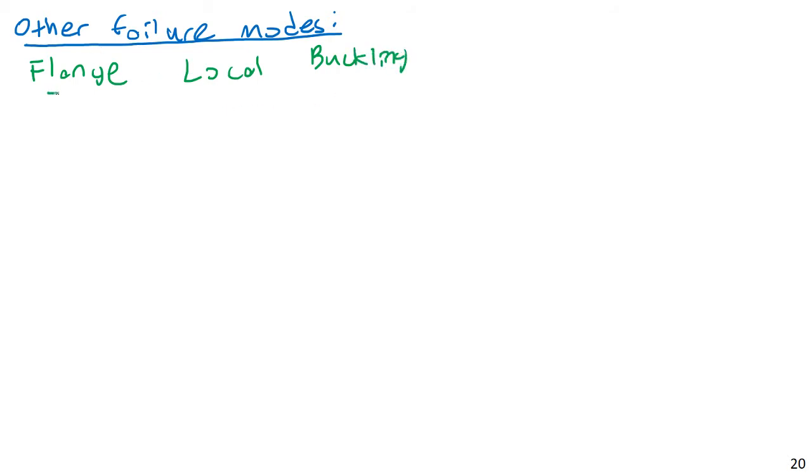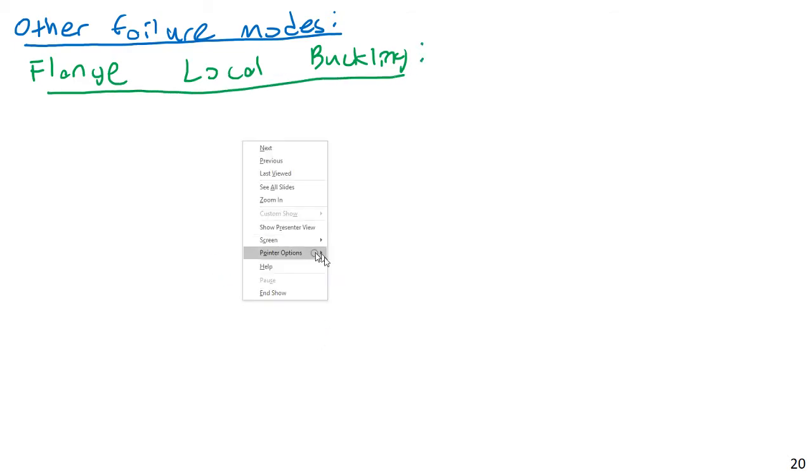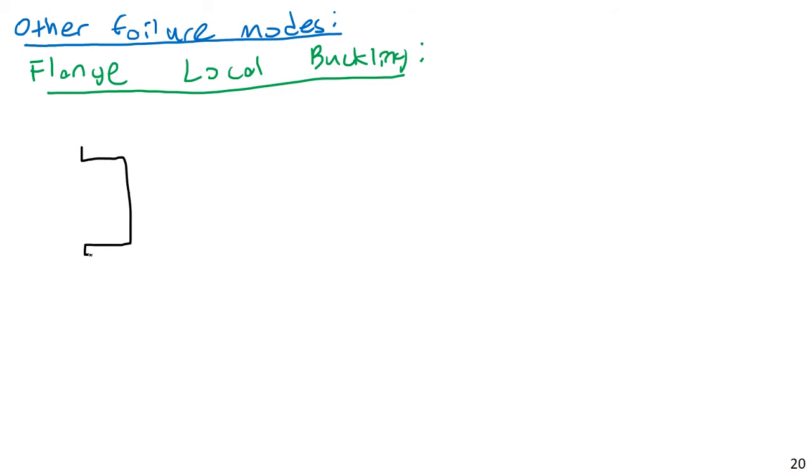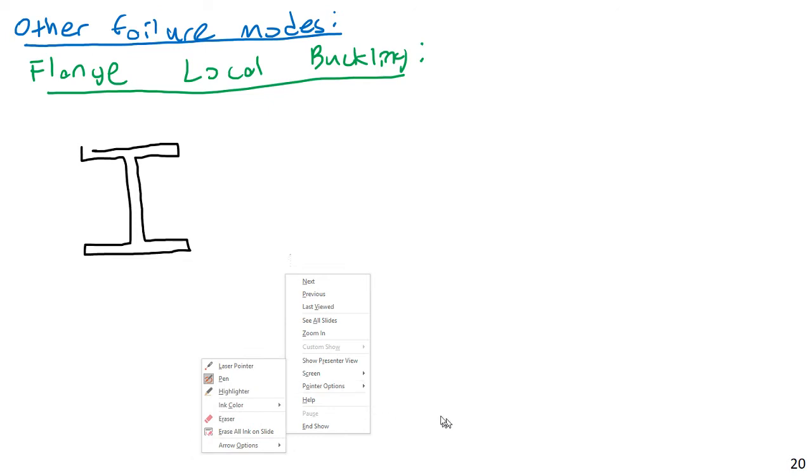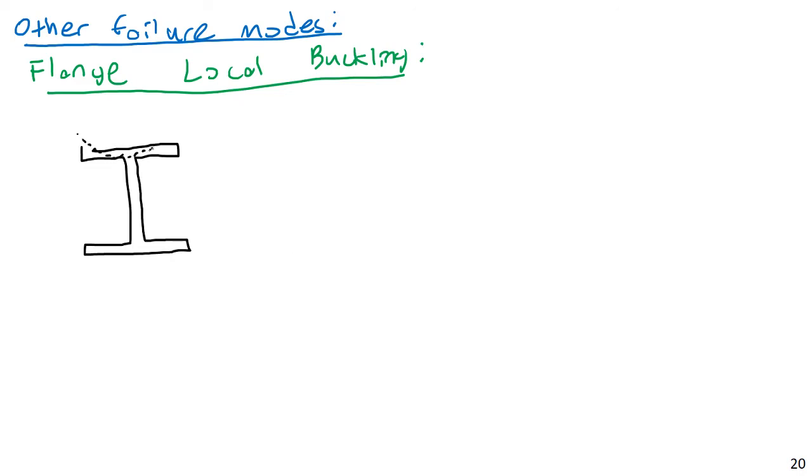This is where you just get local buckling in the flange, fairly straightforward, primarily in the compression flange. So if you have a generic W section and you have a major amount of buckling just in the flange, buckling out like this, then basically this goes up here, you get major buckling in the flange.